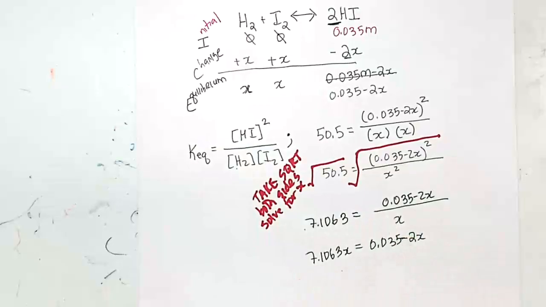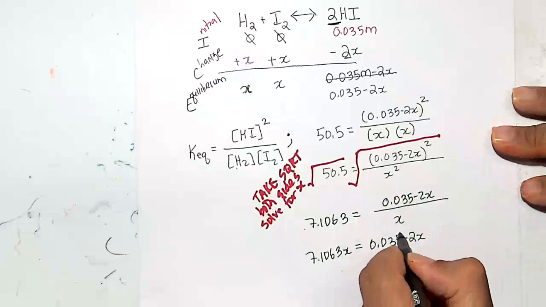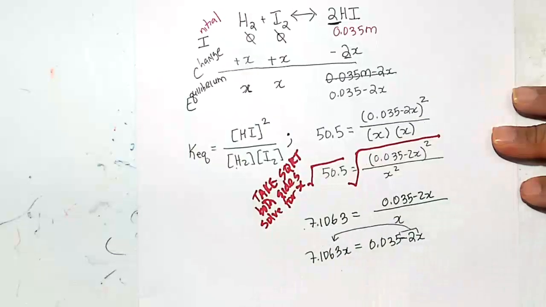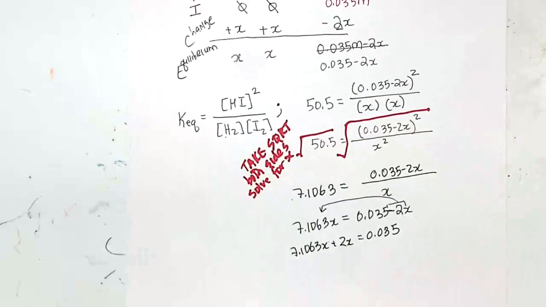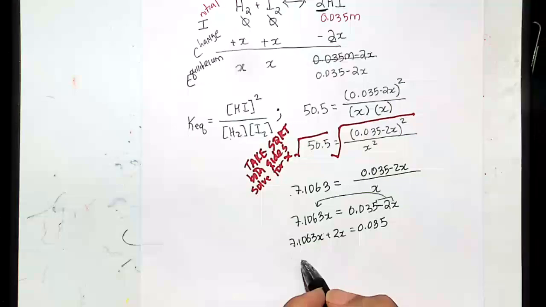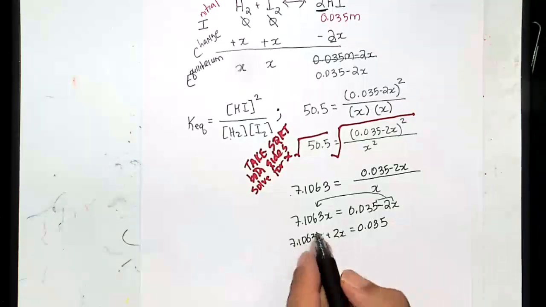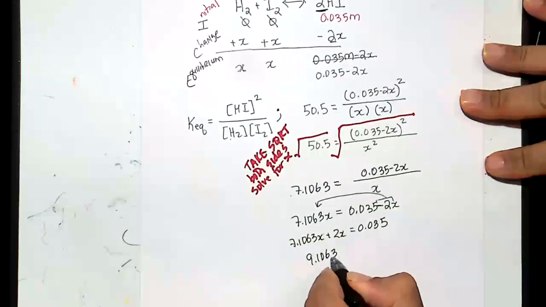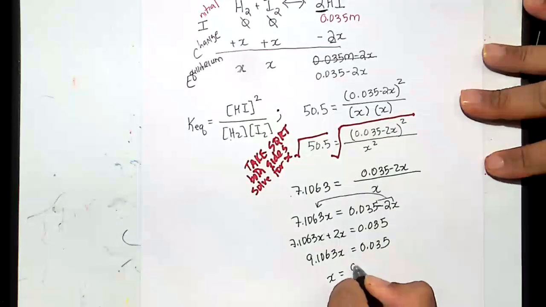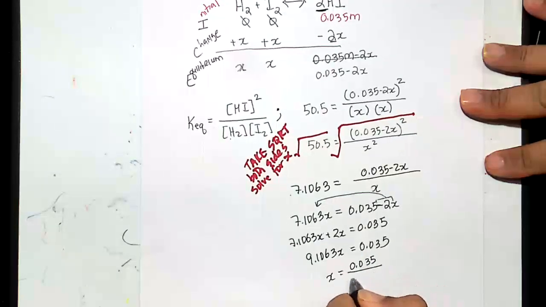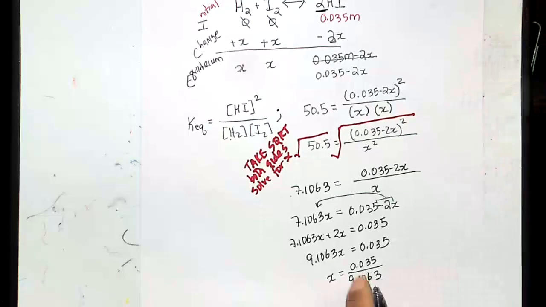So multiply by x. Let's move the minus 2x to the other side of the equation. That will make it plus 2x. So 7.1063 plus 2 is 9.1063x equals 0.035. x is equal to 0.035 divided by 9.1063.